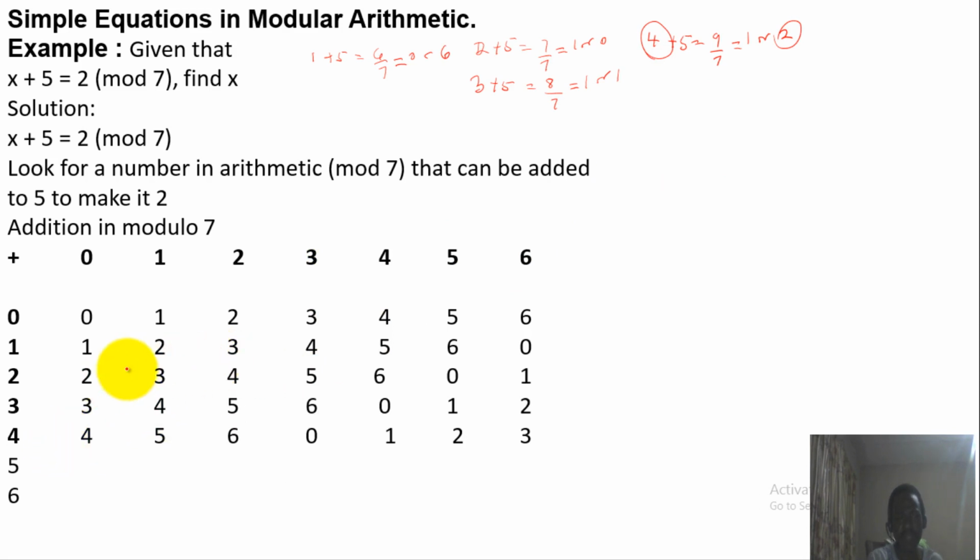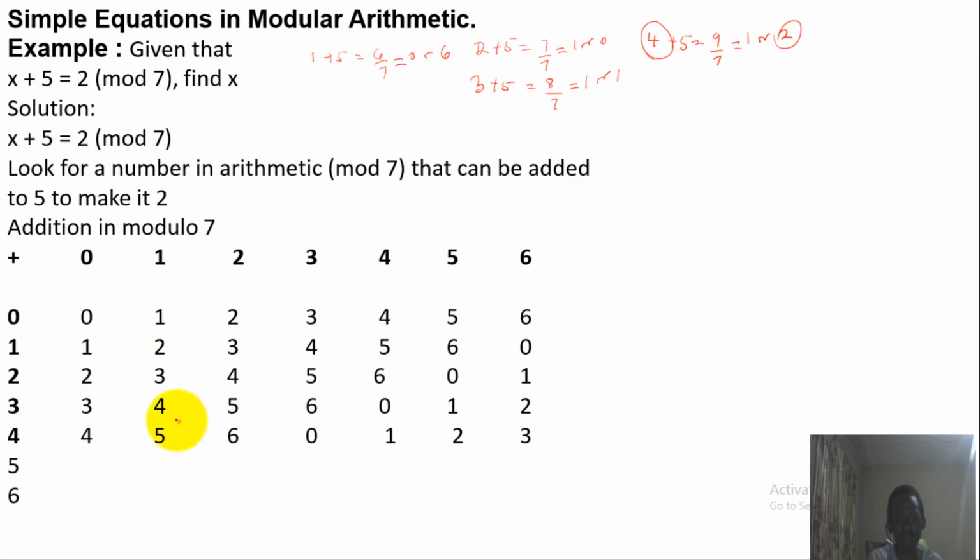Okay, 5 plus what? We look for a number in arithmetic mod 7 that can be added to 5 to make it 2. That should have been 4.